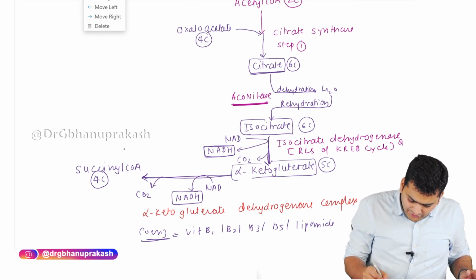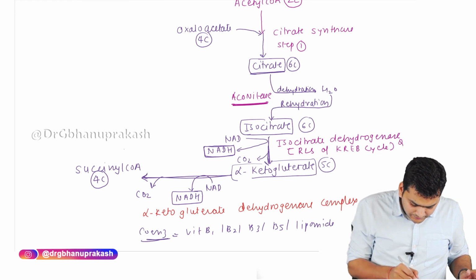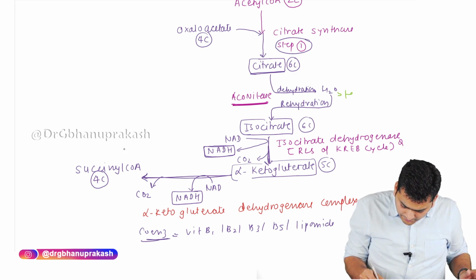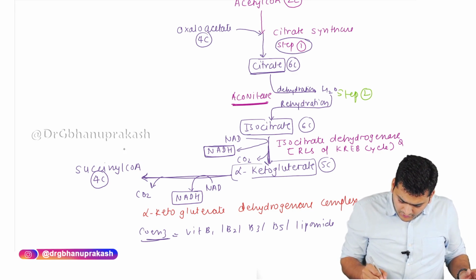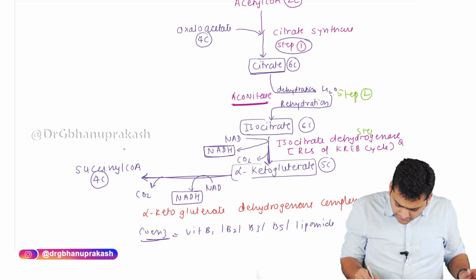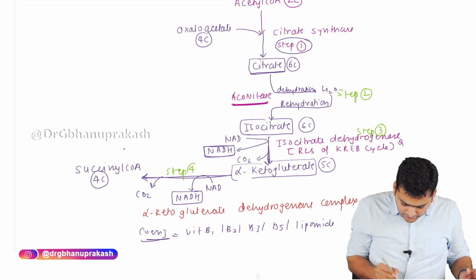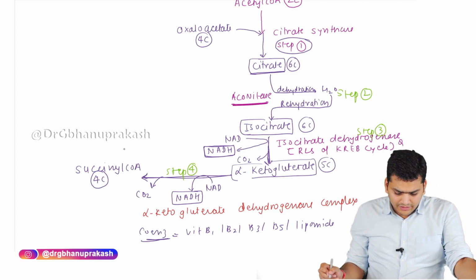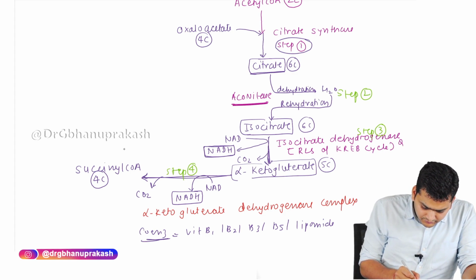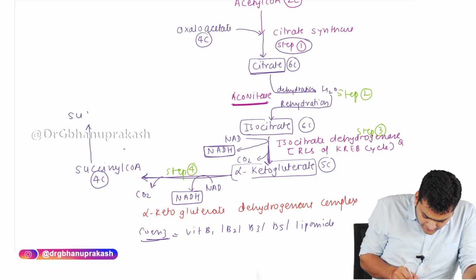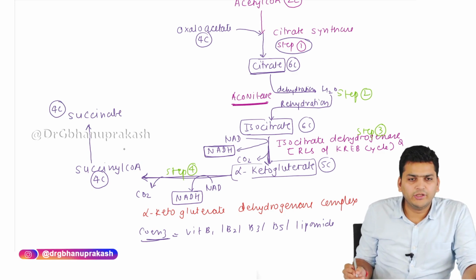So I will just give the numbers. This is step number 1, then step number 2. The isocitrate dehydrogenase was step number 3, and here is step number 4. Then this succinyl-CoA is going to convert into succinate. Down the line everything is going to be 4 carbon only.